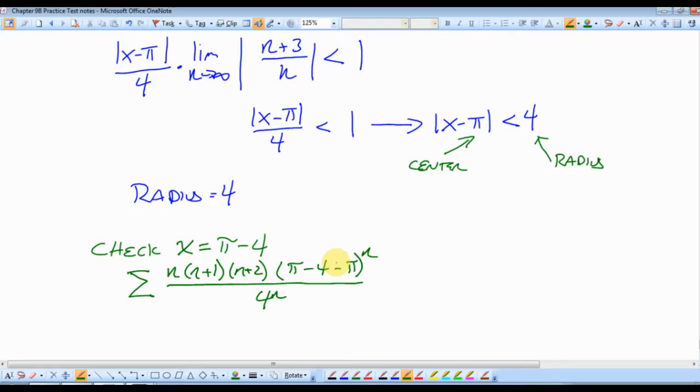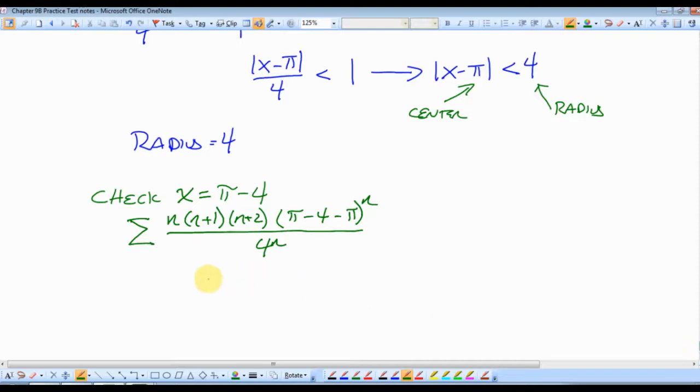Checking the endpoints. That simplifies to, what is that, n cubed plus 3n squared plus 2n over 4 to the n times negative 4 to the n.